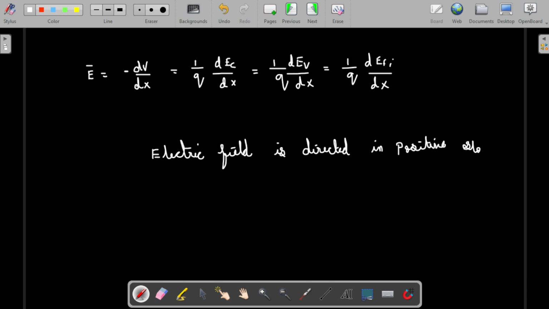So positive slope direction of the conduction band, valence band, and intrinsic Fermi level.